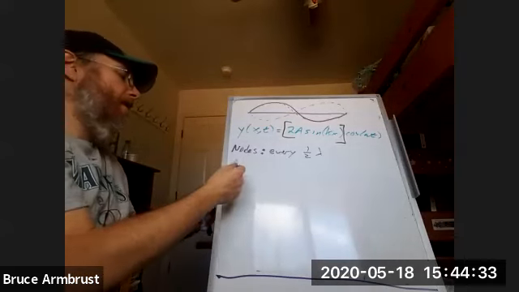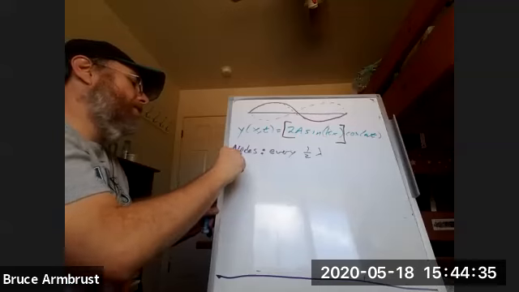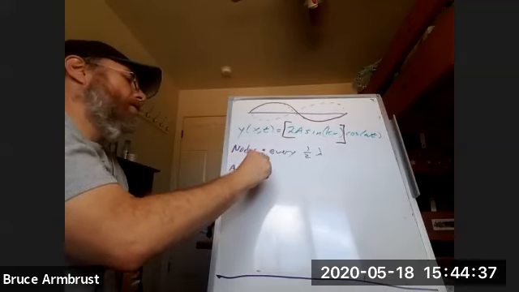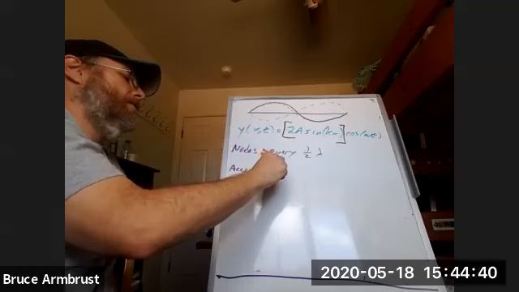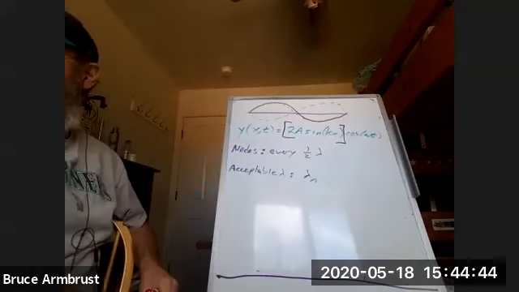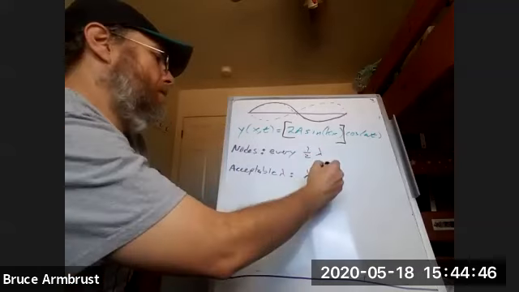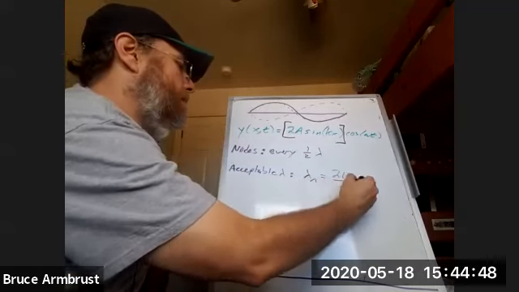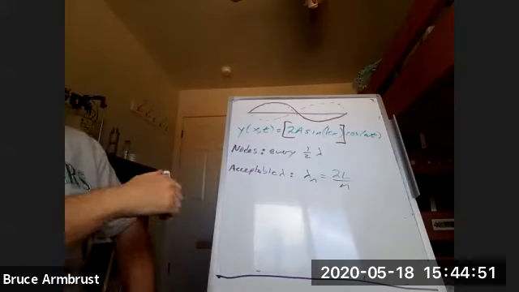And so from that, we found out what the acceptable lambdas are. And there were a whole bunch. So we had lambda sub n, and it was equal to 2L over n.